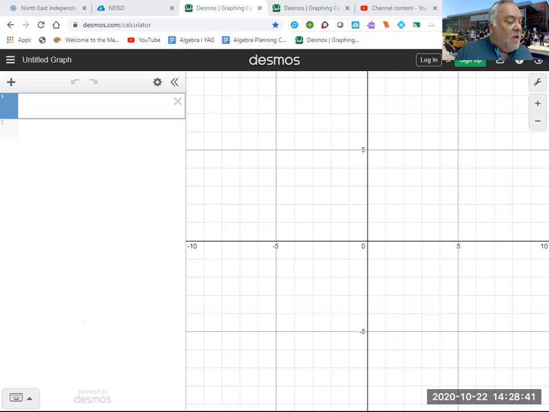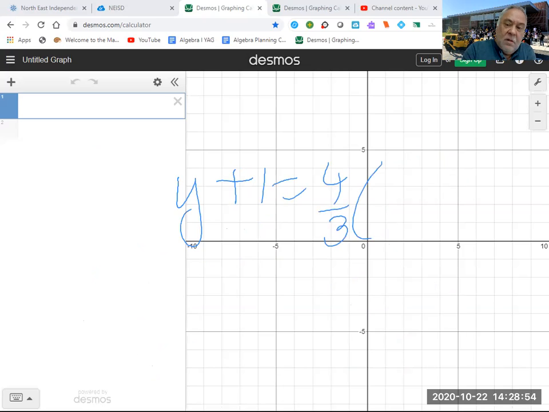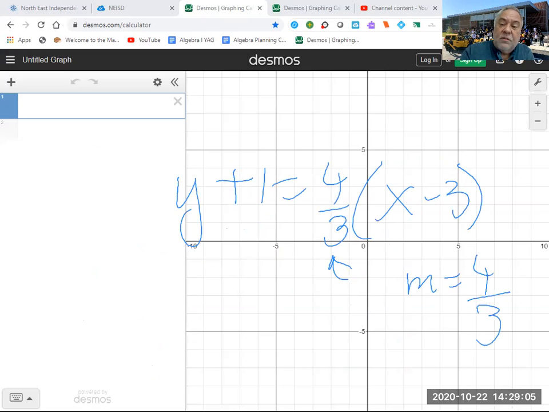But probably, there's two ways to do a problem like this. Now, let me just give you a fake equation. Y plus 1 is equal to x minus 3. So you can tell what the slope is. I did it here, it's right there. Slope is 4/3. So it's positive 4/3.